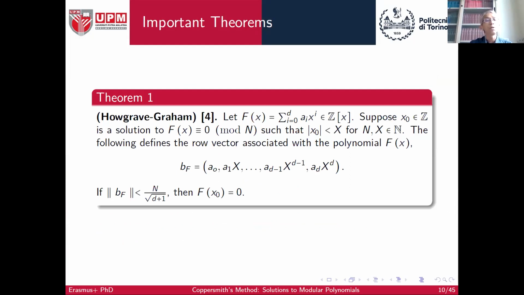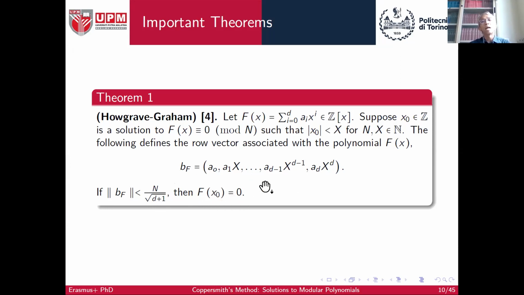The first theorem is due to Howgrave-Graham, which says that given a polynomial f(x), we can always associate a row vector in this form. And if the norm of this associated row vector satisfies this condition, less than N over the square root of d plus 1, then the root x0 gives f(x0) equals 0.